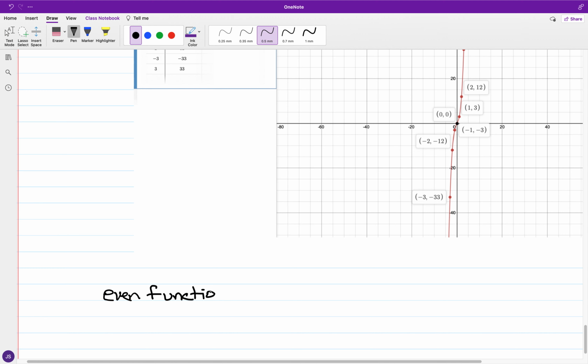In the case of even functions, an even function is going to be a function that is reflected about the y-axis or has symmetry with respect to the y-axis.